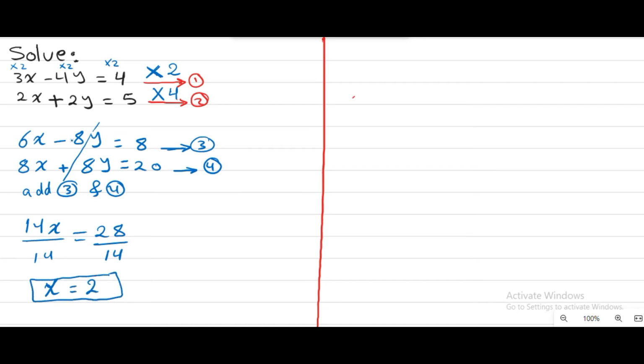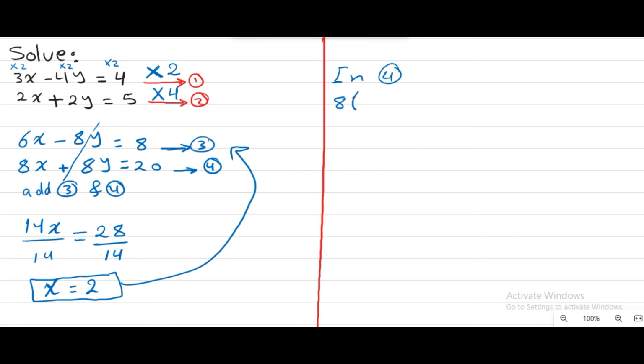This is the value of the first variable. We take this value in any equation, 1, 2, 3 or 4, to get the value of y. Choose any one. I choose equation 4 as example.